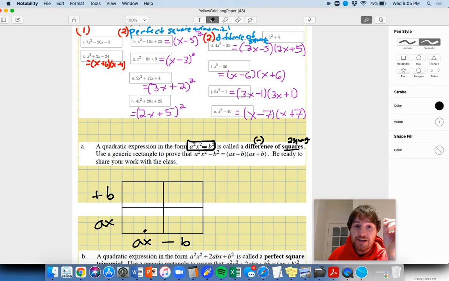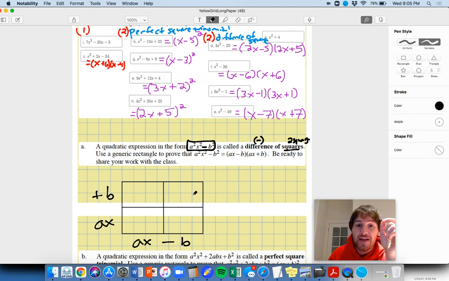The signs are different here, but they are equivalent to this difference of squares standard form.